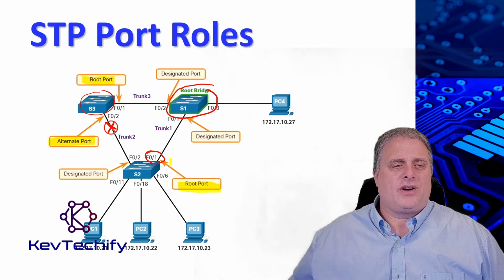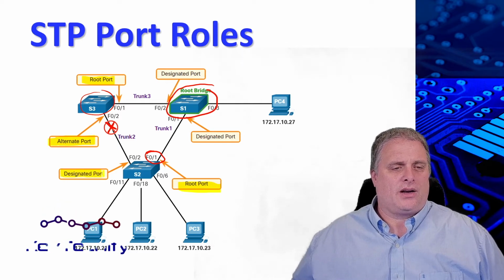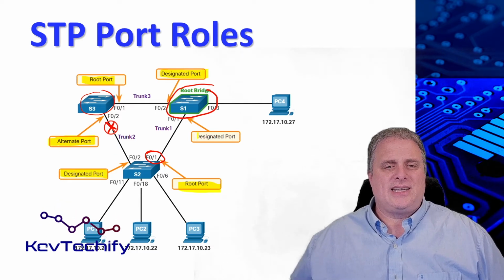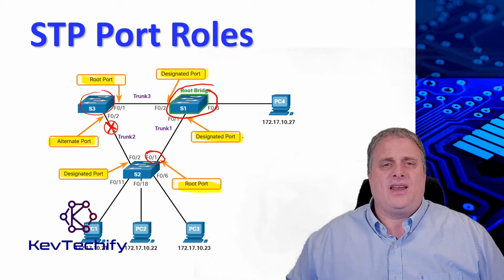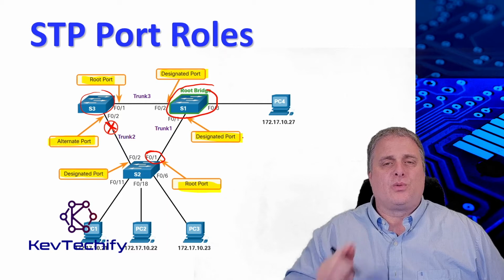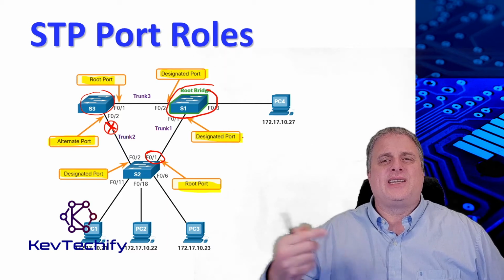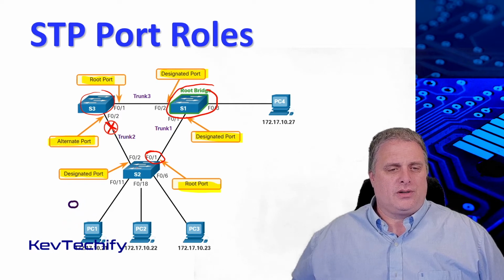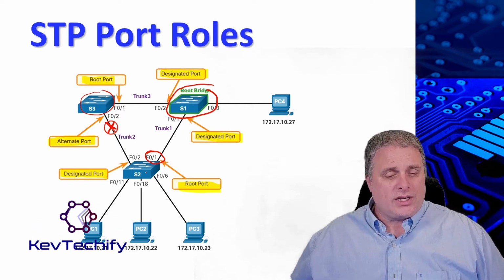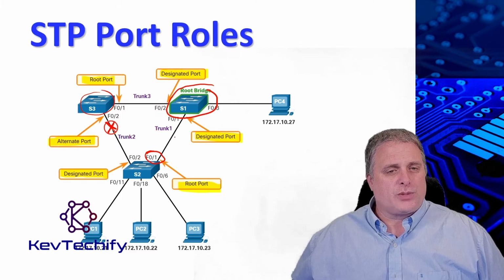Then we have our designated ports. In our diagram here, we have 3 designated ports. If one end of a trunk is a root port, then the other end is a designated port. Once again, root ports are determined per switch; there's one root port per switch, and the root port is the closest port to the root bridge.